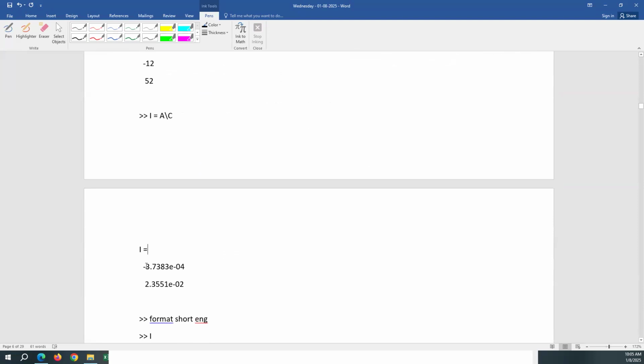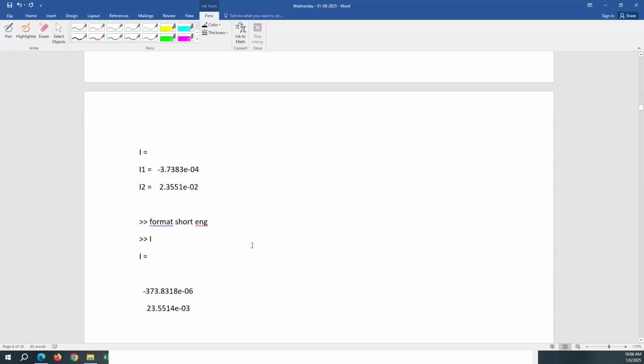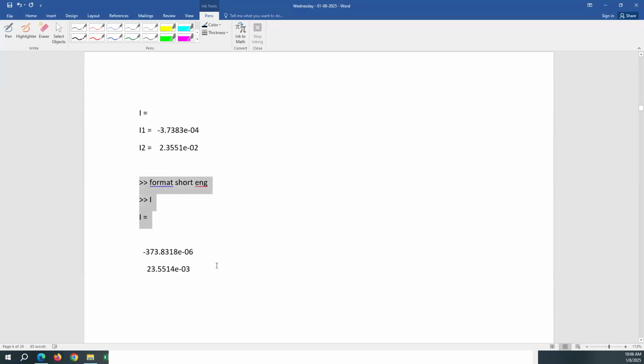So this is my I1, and this is my I2. Let's delete this. Negative 373, or just let me give both of them in milli.